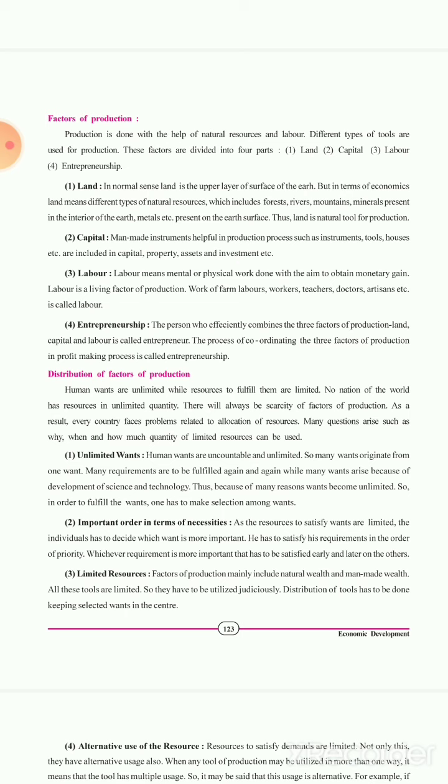No country of the world has resources in unlimited quantity, whether it is mineral oil, coal, iron, or agricultural land. All these resources are limited, and that's why there is always scarcity of the factors of production. And so many countries are facing problems related to allocation of resources.